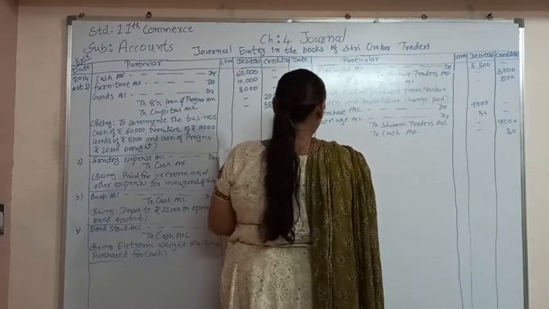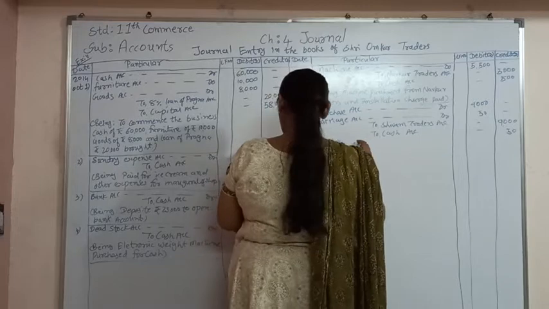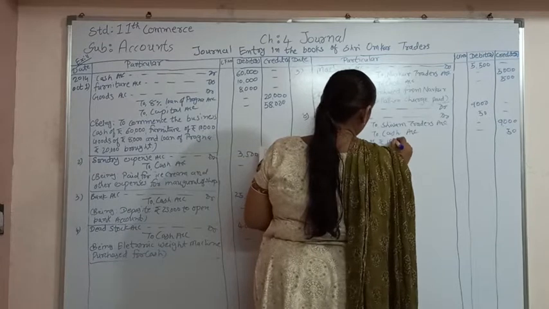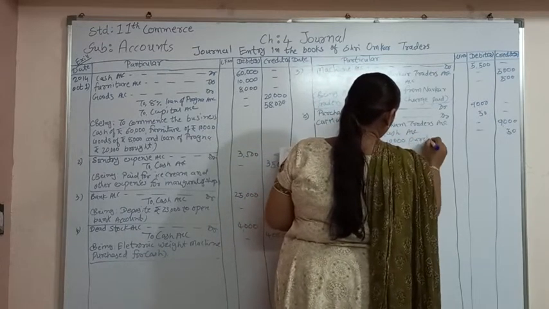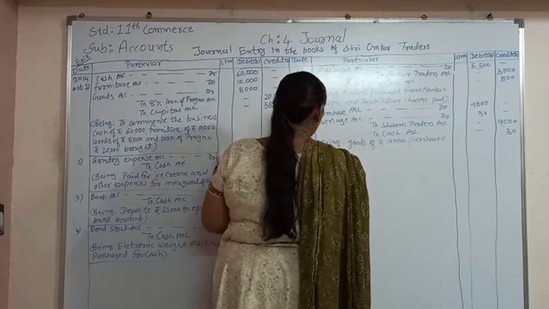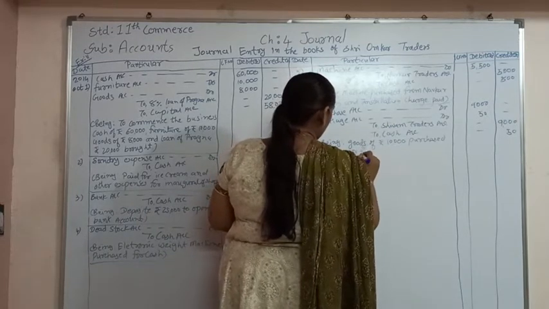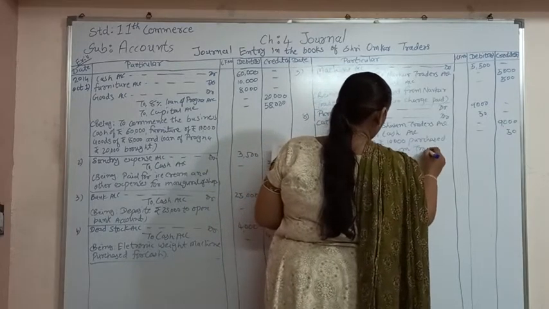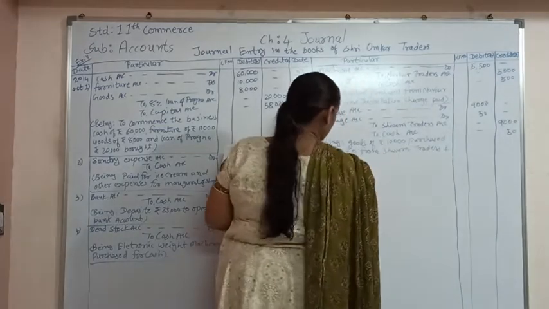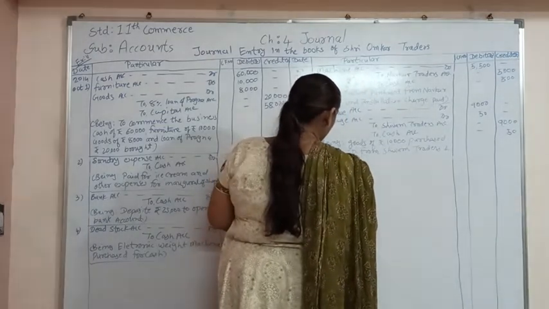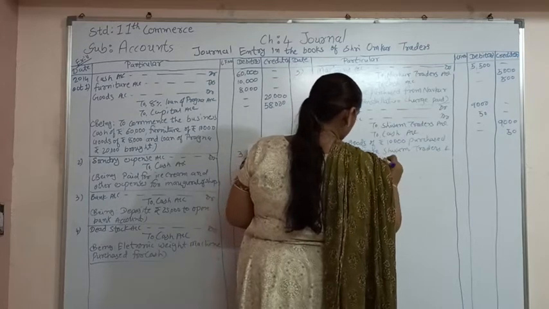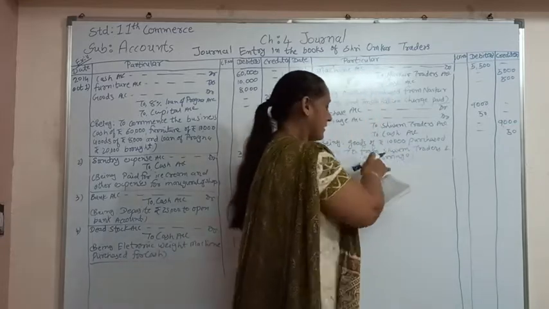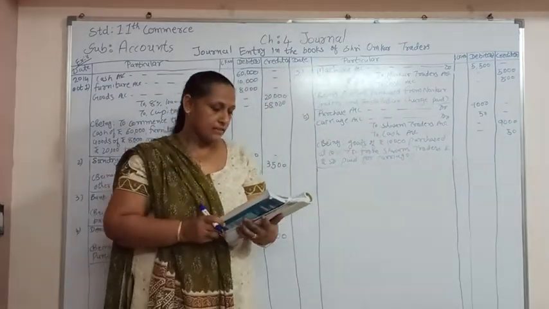Being goods of rupees 10,000 purchased at 10% trade discount from Simon Traders, and rupees 50 paid for carriage. So for that. Now let's see the next transaction.